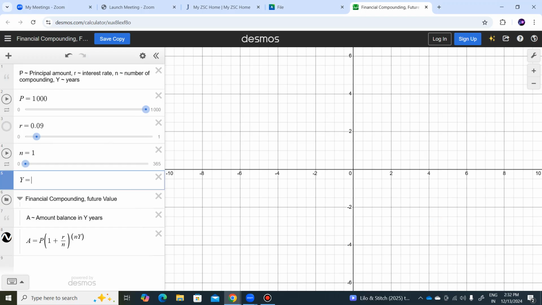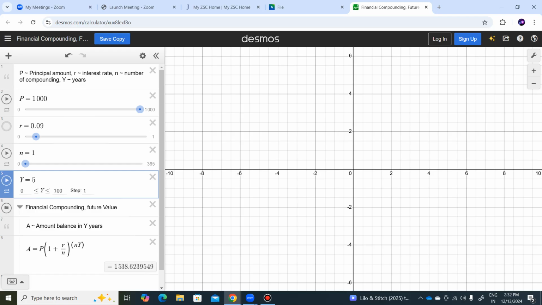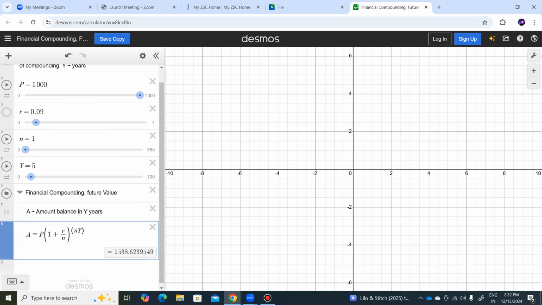And we're going to do 5 years. And so we end up with, this is compounding interest. The amount is going to be 1,538 and 62 cents. Okay.